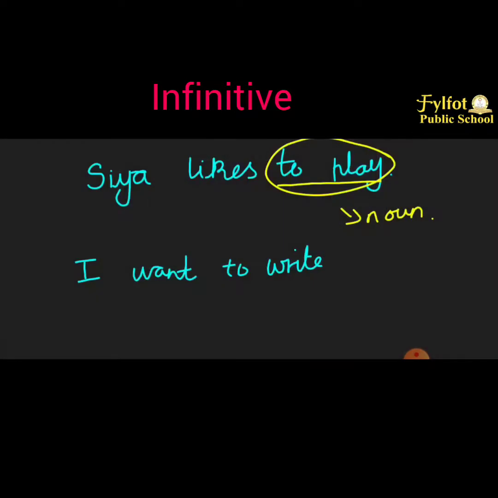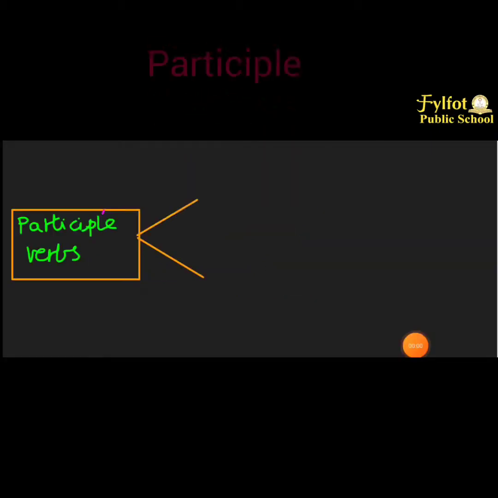Here in the sentence, to write is used as an object, so it is used as a noun. So hope you understand infinitive, what infinitives are, how they are used as a noun, and the forms of infinitives. So now let's move on to the next topic, which is participle.